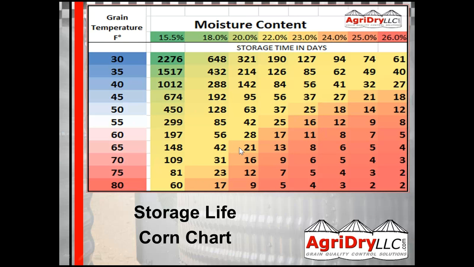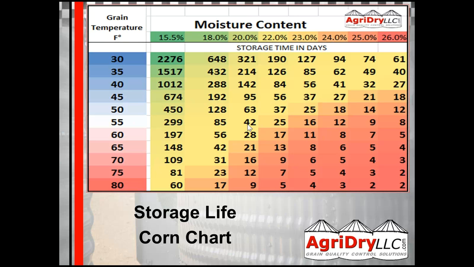Our main focus, and to help you guys realize as well, is that your bins have to be equipped with the right airflow and roof venting and the right CFM per bushel to be able to get this moisture and temperature change in a quick manner, so that you can get into the yellow or even the green area to store that grain for a longer period of time.